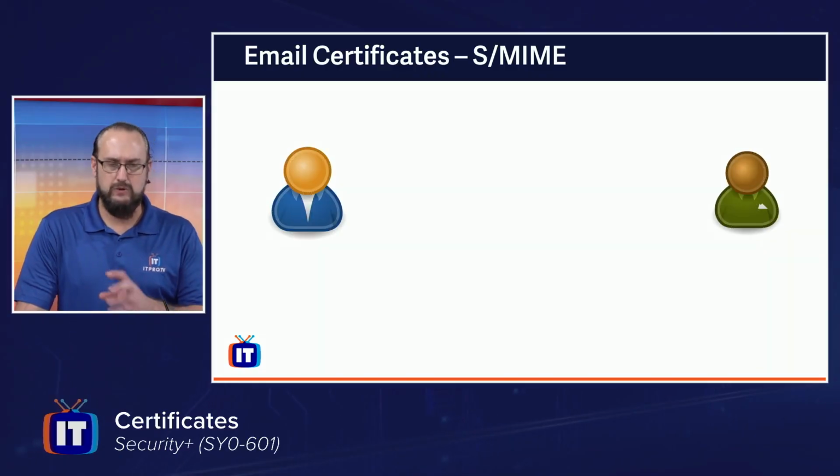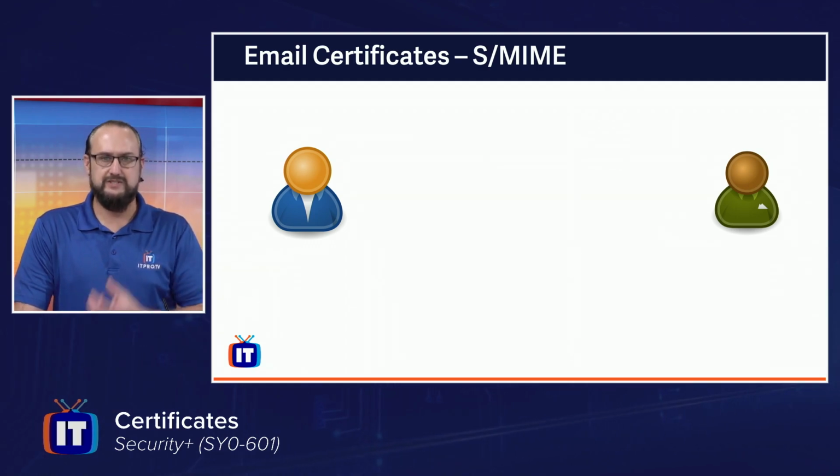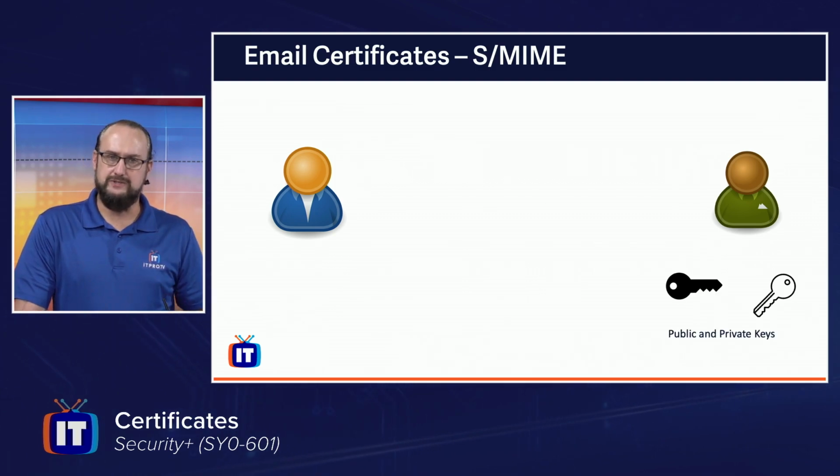Sure. So, when we talk about things like secure protocols, we've just kind of briefly mentioned S/MIME, right? Secure Multipurpose Internet Mail Extensions, right? So S/MIME works on public key cryptography, which means we're going to have a certificate that's issued out to a user for the purposes of email, right? That's going to be an associated key pair, right?